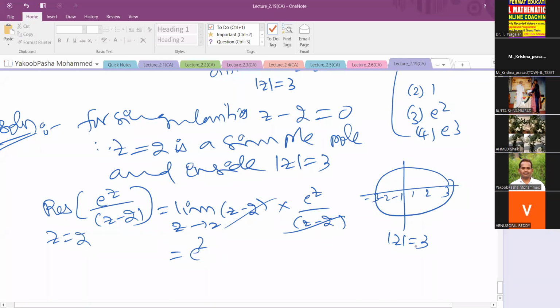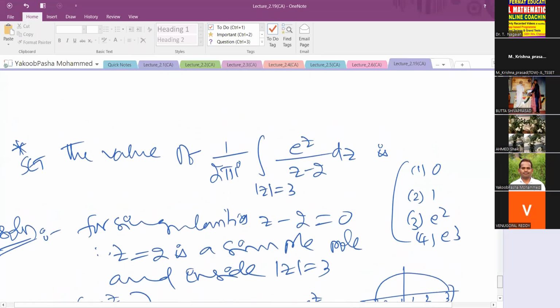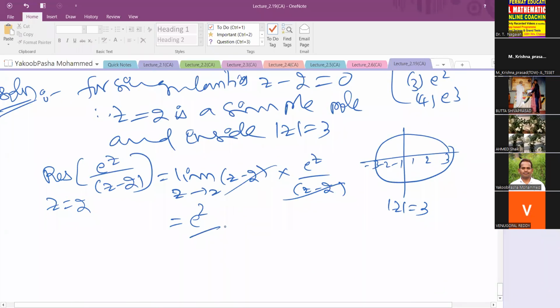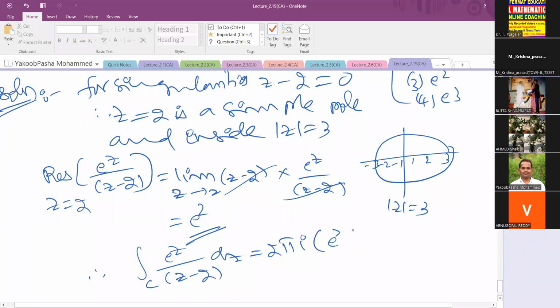So what we have to calculate? The integral value. By the definition of residue, the integral over C of f of z dz, taking f of z as e power z divided by z minus 2, is equal to 2 pi i into the residue. The residue is e square.